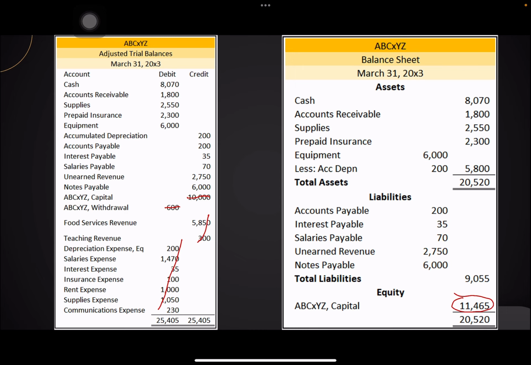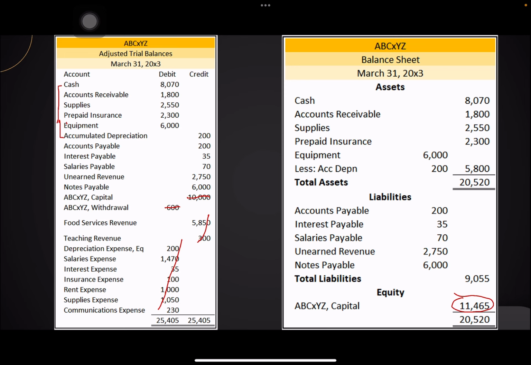So what's left to document are your assets and liabilities. And your assets and liabilities are part of your balance sheet. So whatever your assets are, just map them in your balance sheet. As you can see, you have here your cash, accounts, supplies, prepaid insurance and equipment, and your accumulated depreciation.